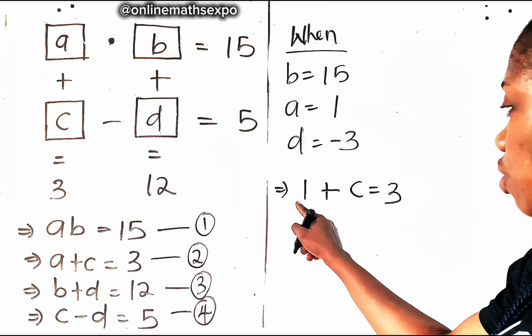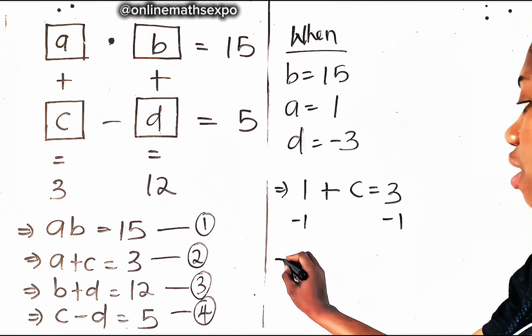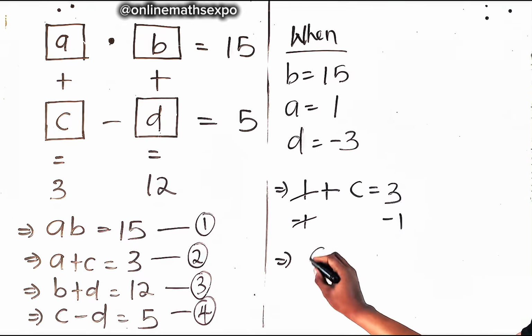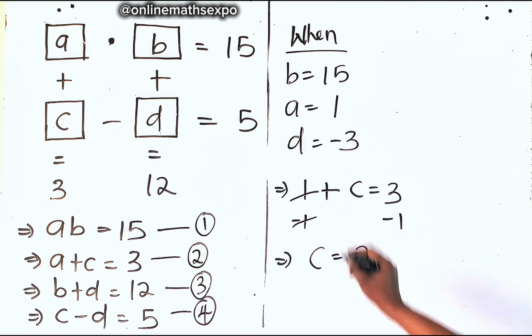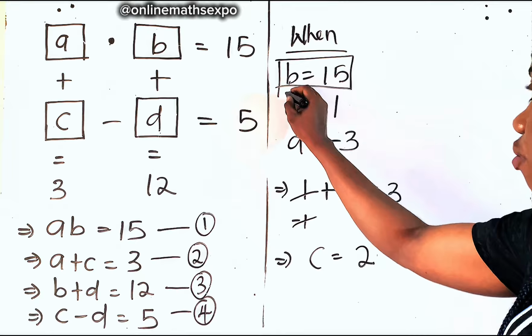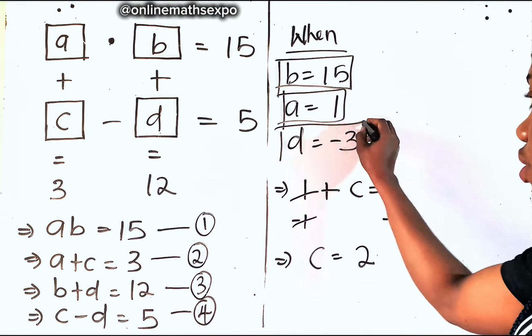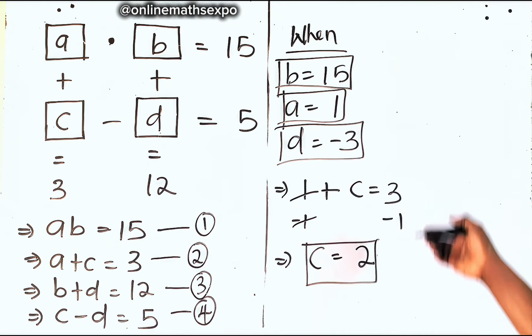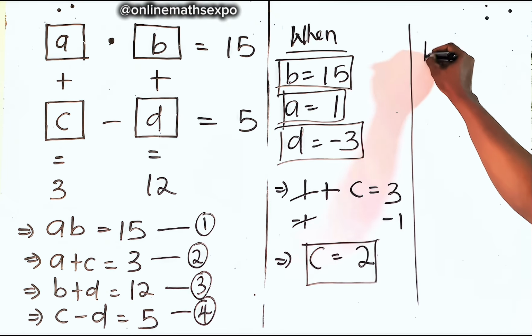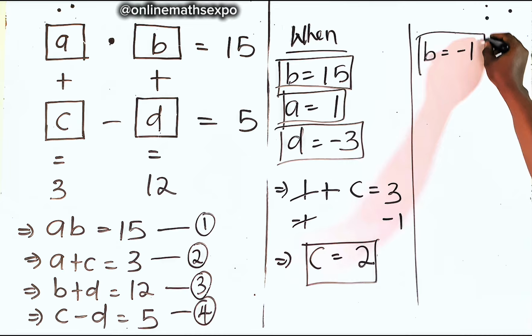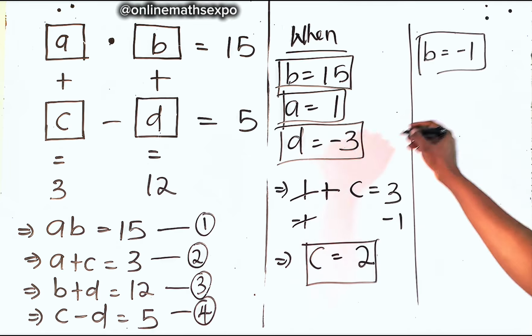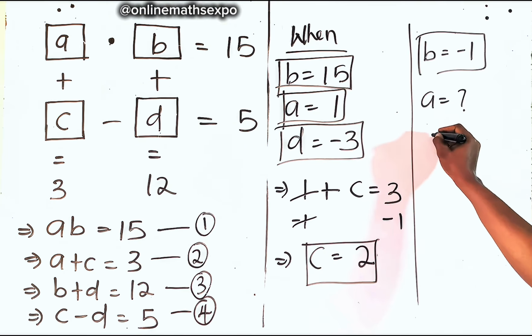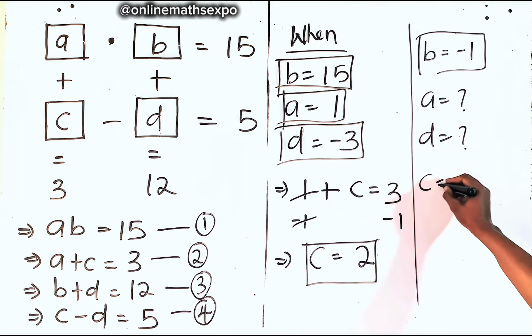Subtract 1 from both sides, this cancels, and c gives us 2. So this is what we have for when b is 15. You can also try the one for when b is negative 1 and get the corresponding values for a, d, and c.